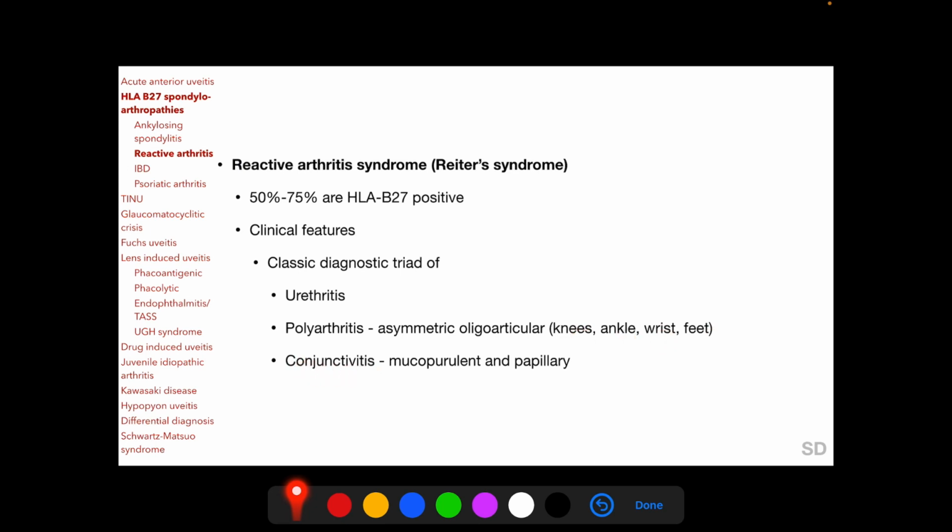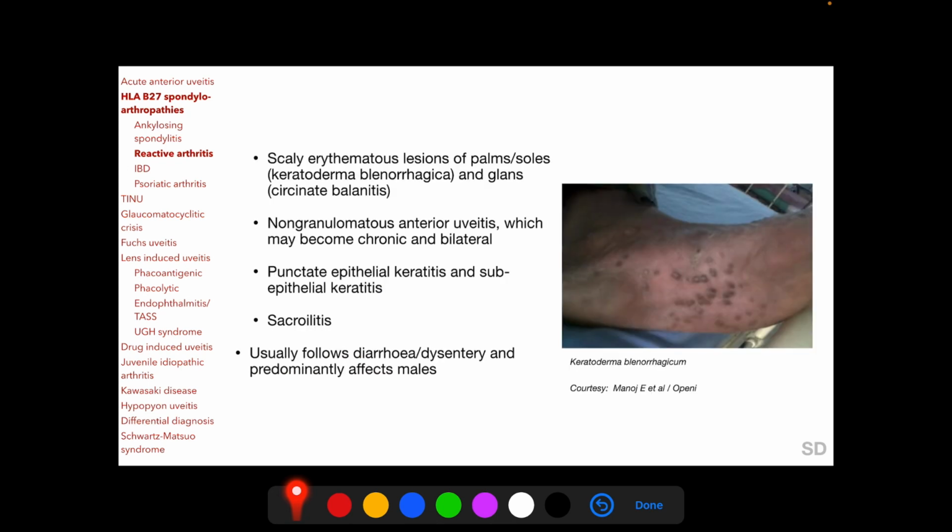The conjunctivitis is typically papillary with a mucopurulent discharge.